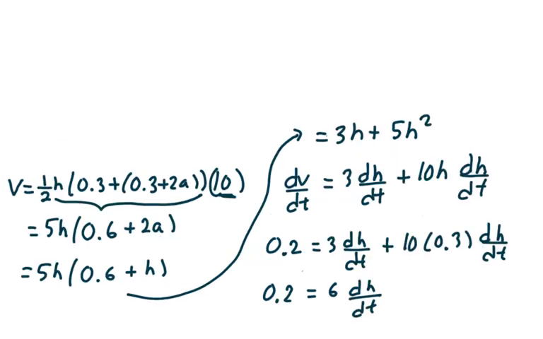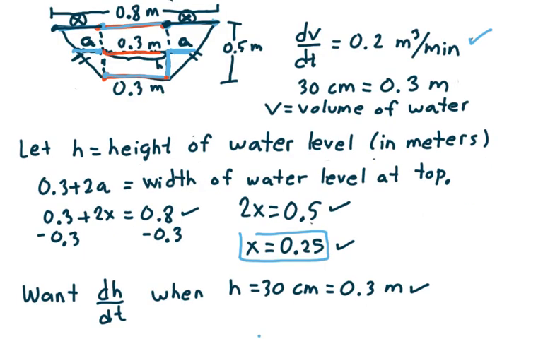And when I simplify this, 1/2 of 10 is 5. And so the volume is 5h times 0.6 plus 2a. Now the question becomes, how do a and h relate to each other? Now, let's look at the picture here. I'm going to use similar triangles. Now, remember x is 0.25, and remember I needed that.